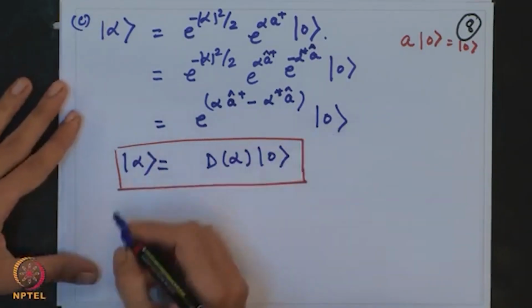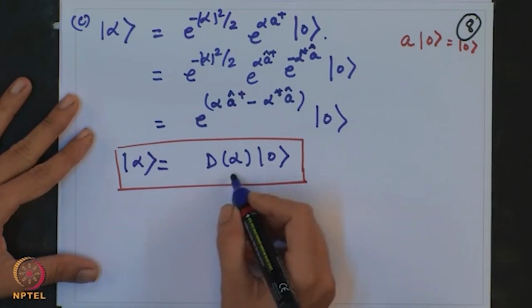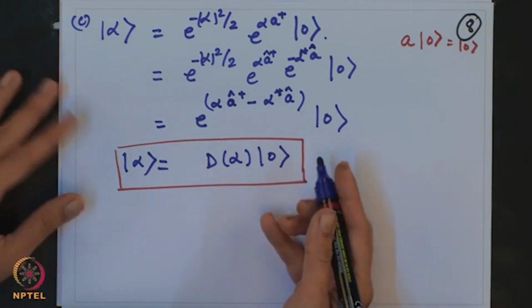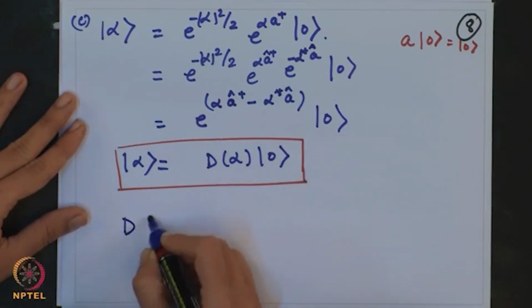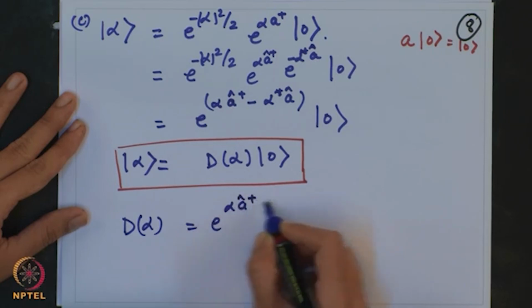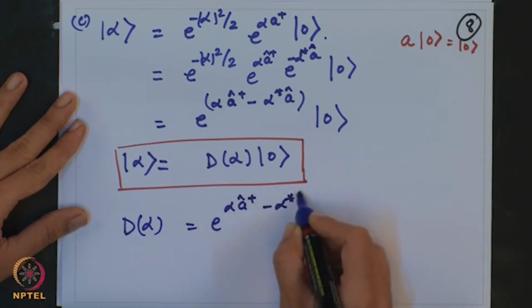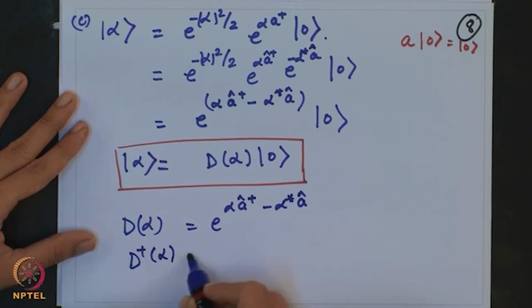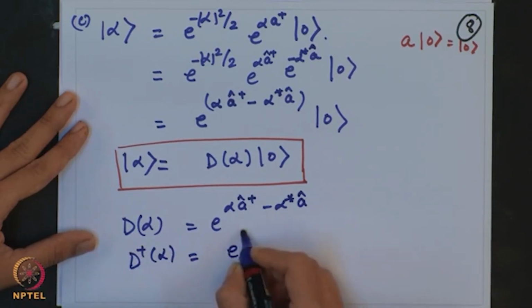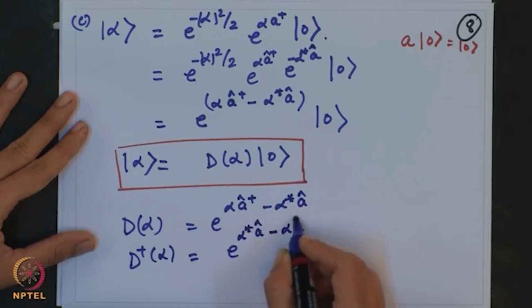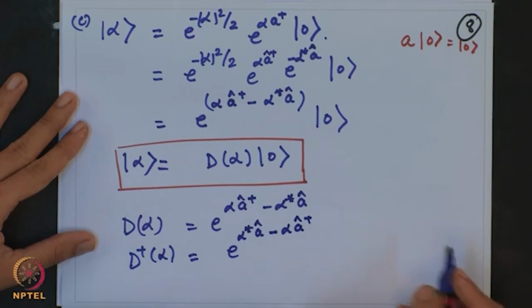And you have to show in this part that the displacement operator is unitary. This is explicitly seen, it is very simple. D of alpha is e raised to alpha a dagger minus alpha star a, and D dagger of alpha will be e raised to alpha star a minus alpha a dagger. Okay.